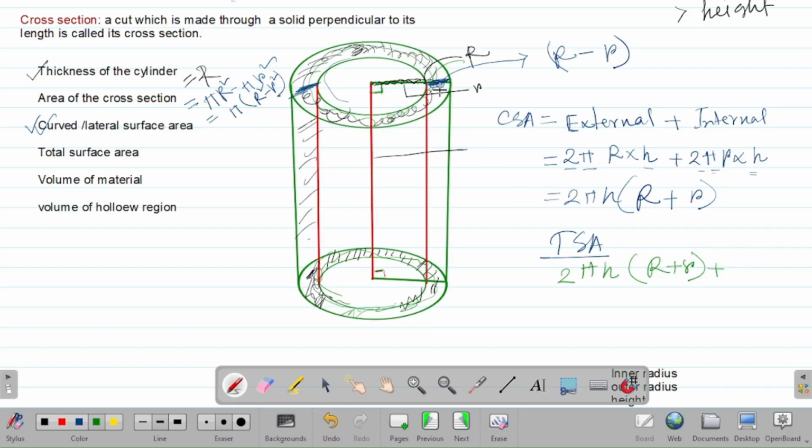Here you see that the top and bottom surfaces have the same area. That's why we can write area of bases as 2 multiplied by pi capital R square minus pi small r square.